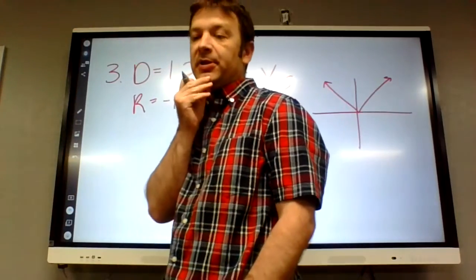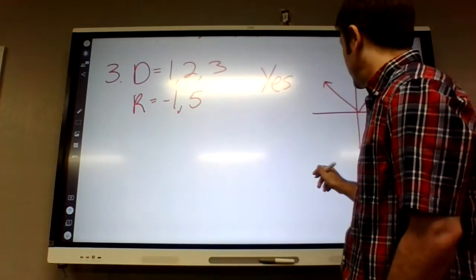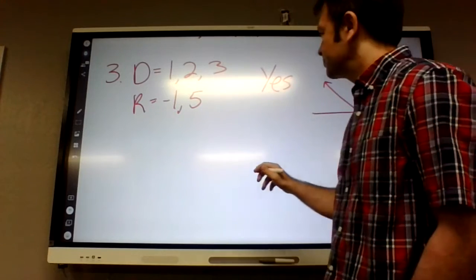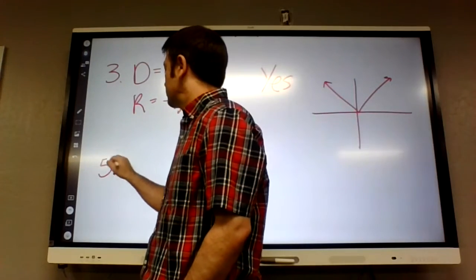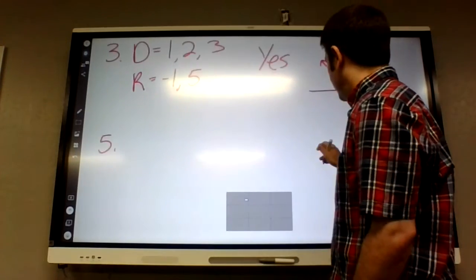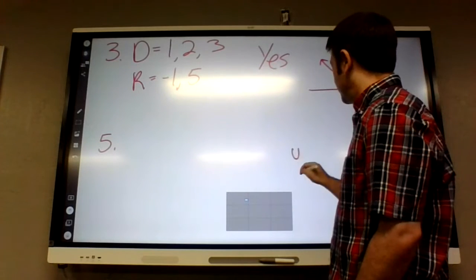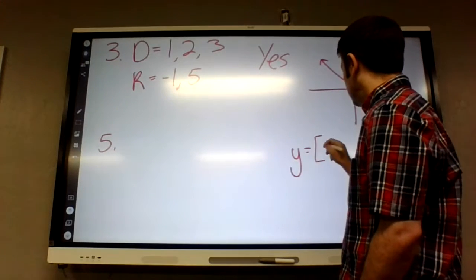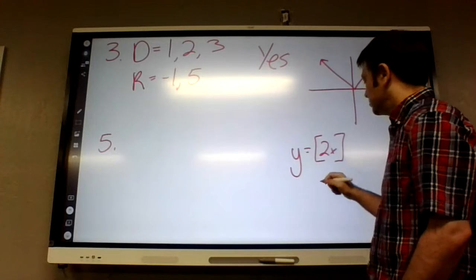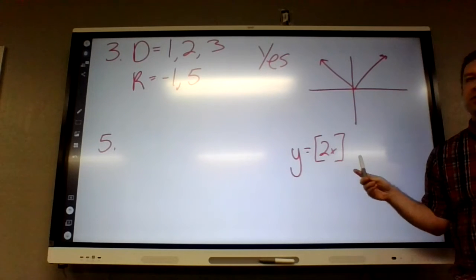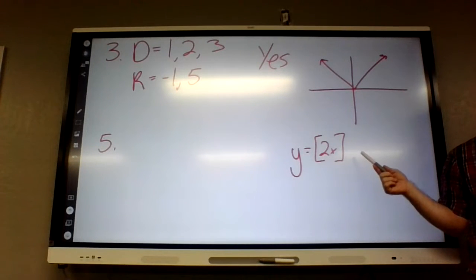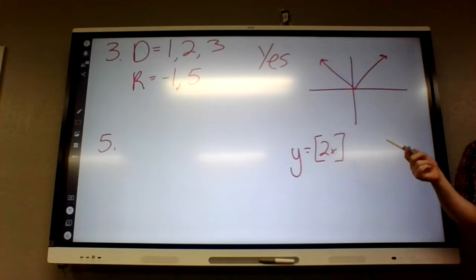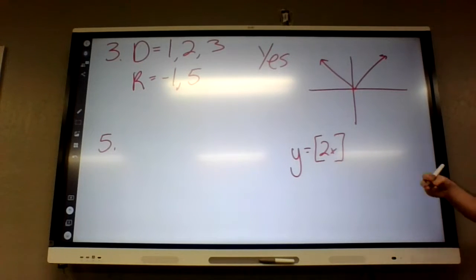You guys know what number 5 was? Do you remember what those brackets meant on number 5? It's called the greatest integer function. Remember what the graph looked like? Stair steps.